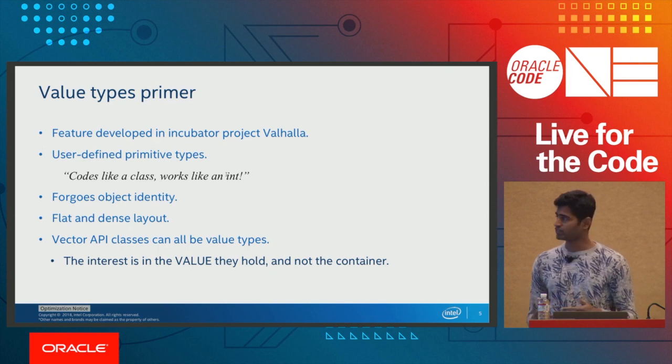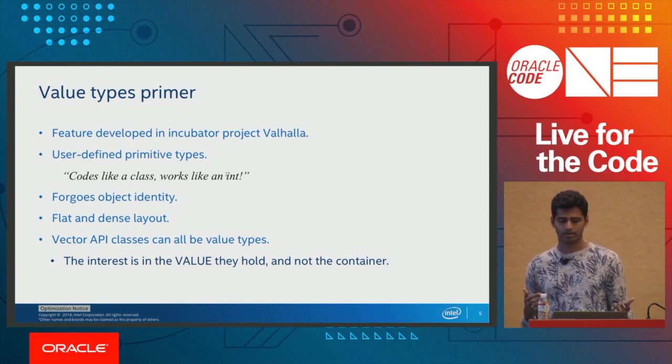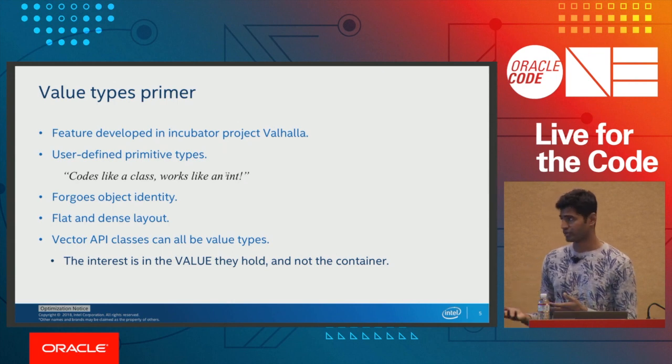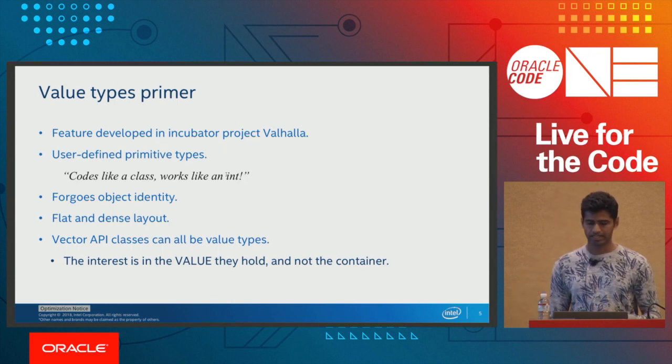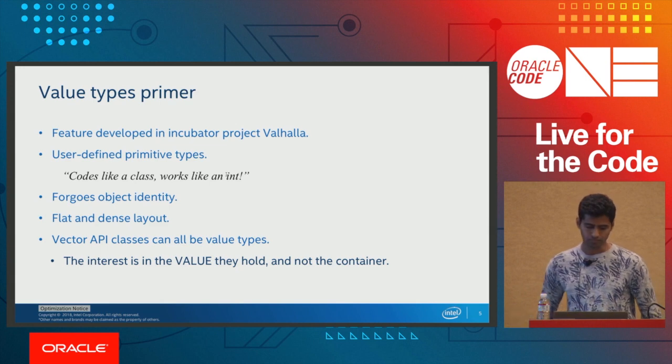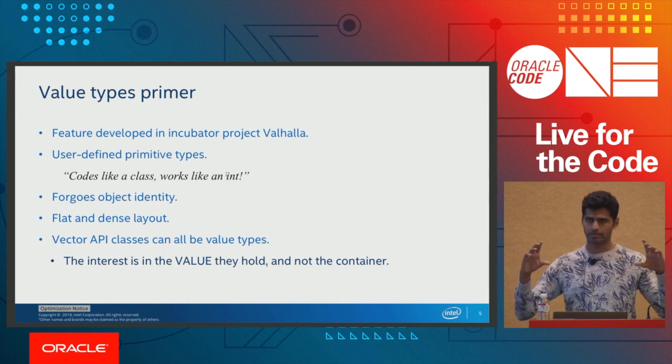Since it forgoes object identity, there are certain operations which are restricted on value types. You can't get a lock on a value type, you can't get an identity hash code, and so on. What this means is the object does not need to be allocated on heap. You can have the object allocated on the stack or in a register. At the same time, it gives you a nice flat layout of your data structure.